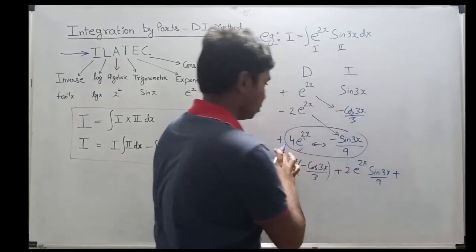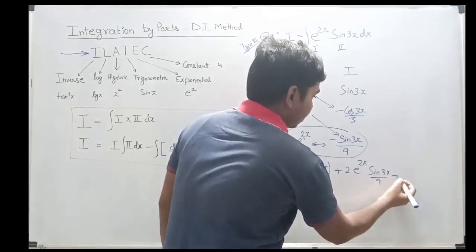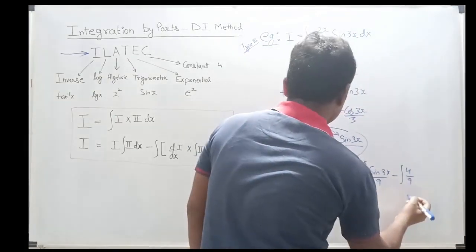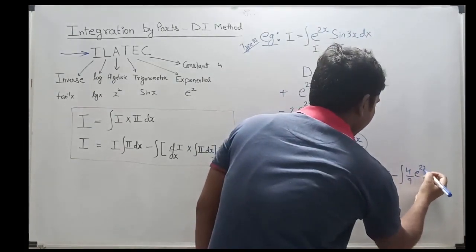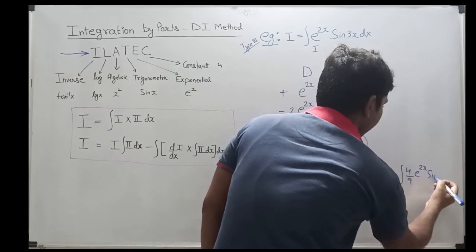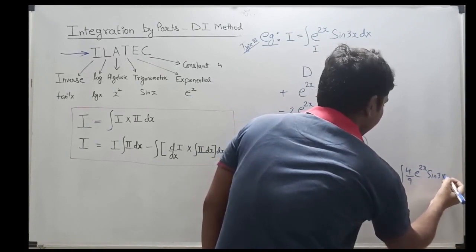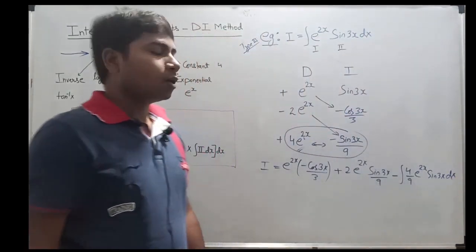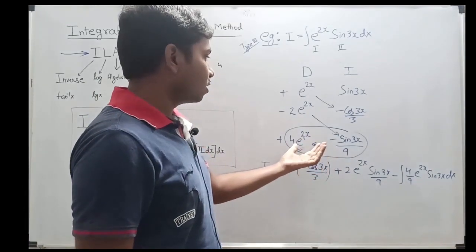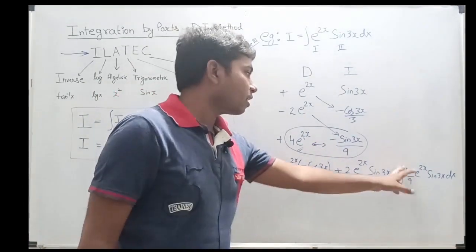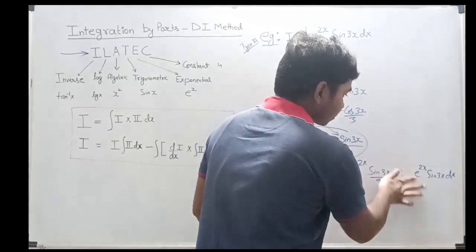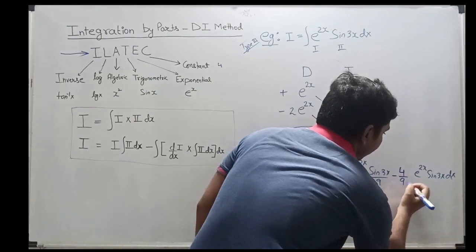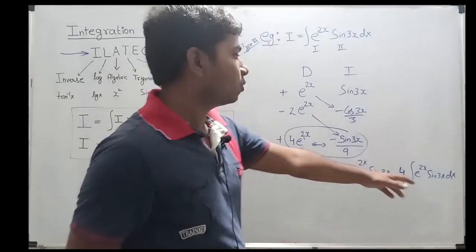If you multiply, it will come minus integration 4 by 9 e raised to power 2x sin 3x dx. Student, I have multiplied these functions together, and you can write it like this. And one more thing we can do, this constant we can take out: 4 by 9 integration e raised to power 2x sin 3x.